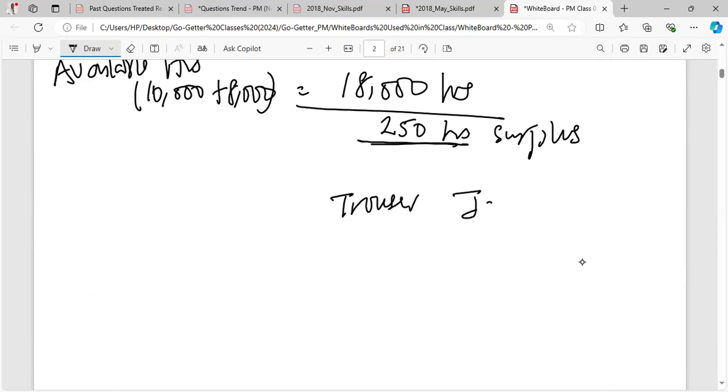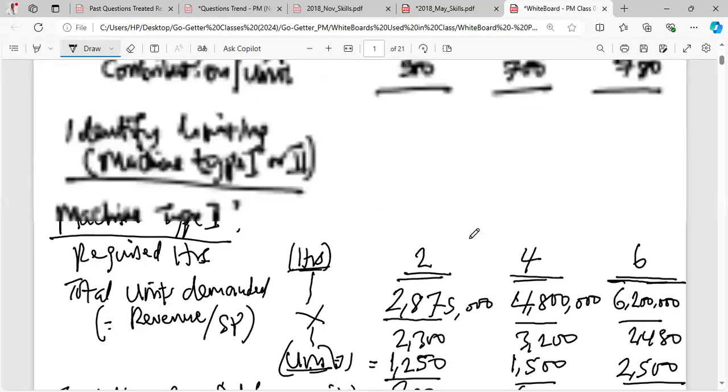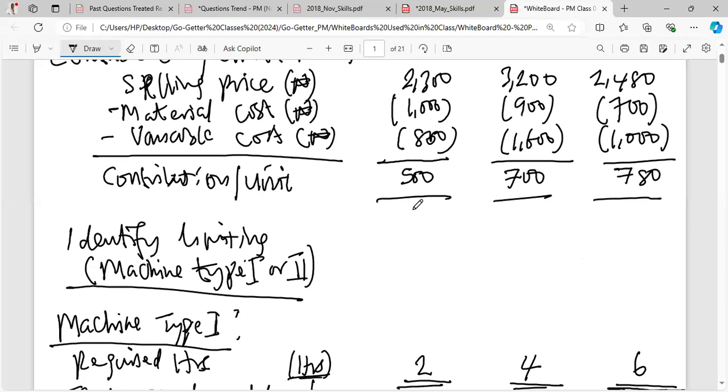Trouser, jacket, and skirt. Then I have contribution per unit, in naira. We've calculated that: 500, 700, and 780.